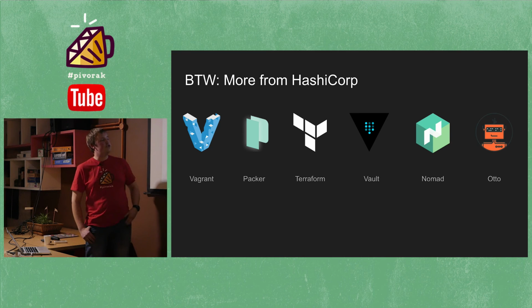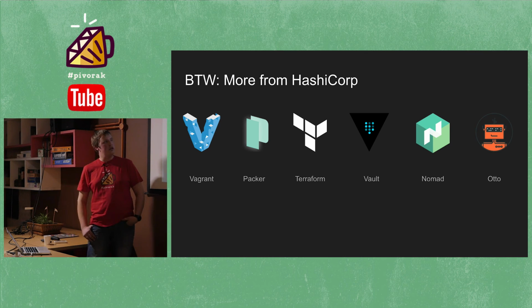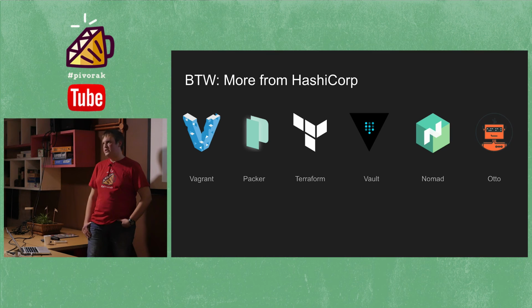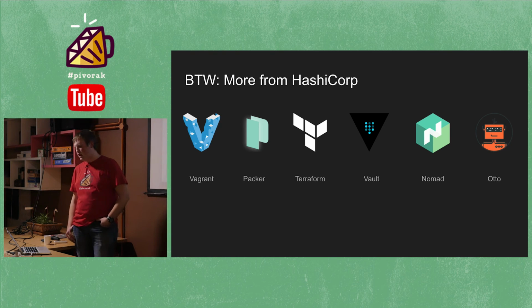Packer is a tool to build images for mostly all cloud providers like Amazon, OpenStack, and others via only a single configuration file. Terraform is a tool for managing your resources, like bringing up nodes, bringing them down.